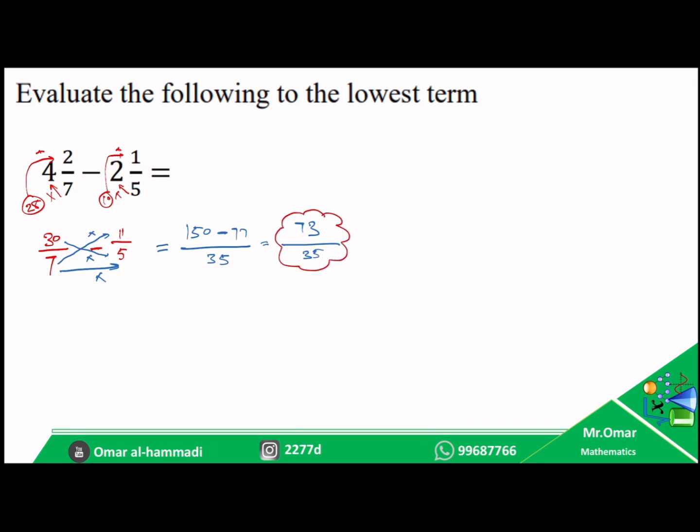But this one is an improper fraction, the numerator is greater than the denominator. So we have to convert it to a mixed number. How can we convert it? By subtraction only. So 73 minus 35 will give us 38.